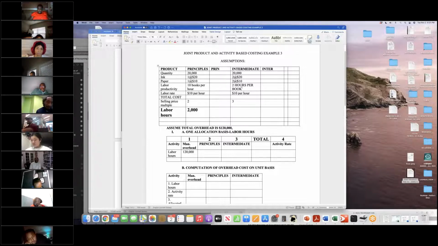For the intermediate, it's taking 2 hours per book. So how many hours are we going to need? 10,000. Isn't that 20?